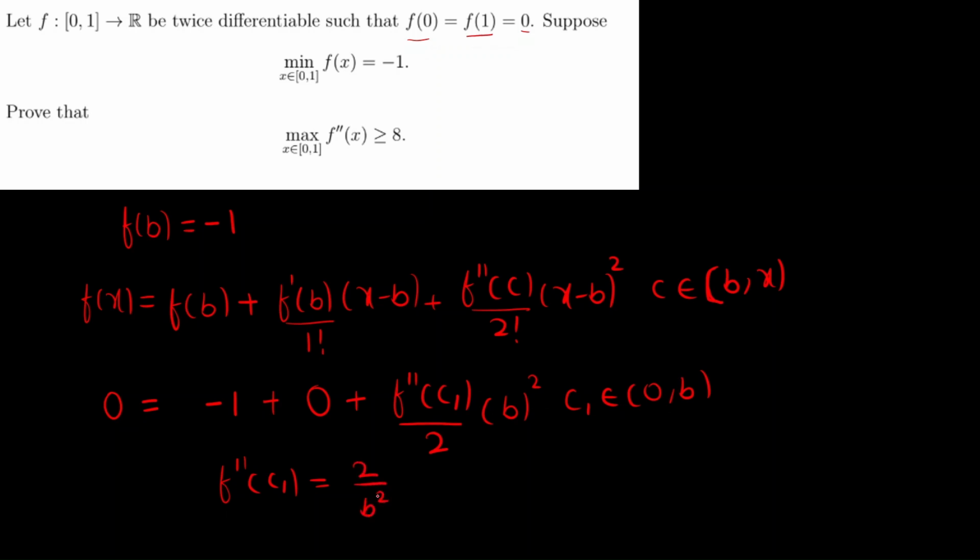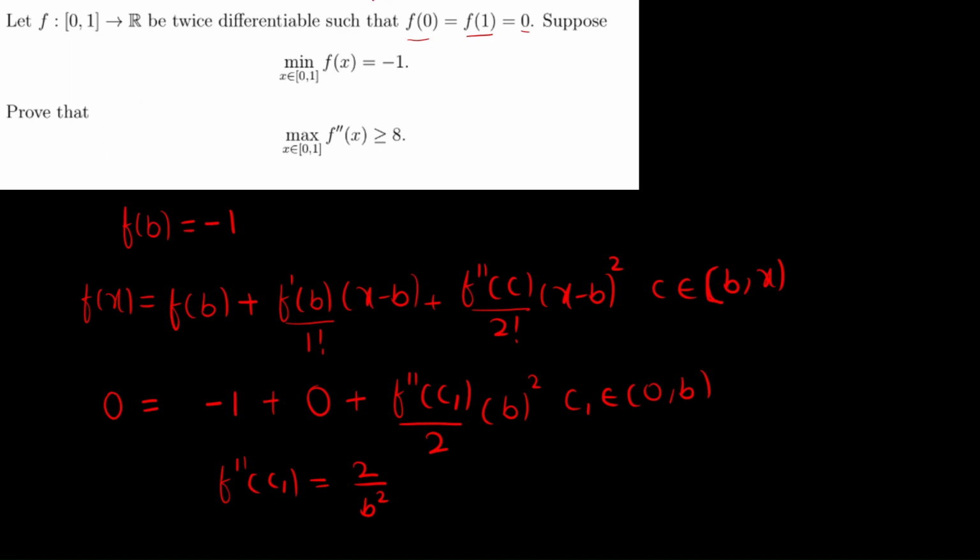Now similarly, if I do the same process in the interval [b, 1] and I substitute x equal to 1, we are given that f(1) is 0. So 0 is equal to f(b) is -1 plus the single derivative term vanishes plus f''(c2), let's call this constant c2, divided by 2 times (1 minus b) whole square.